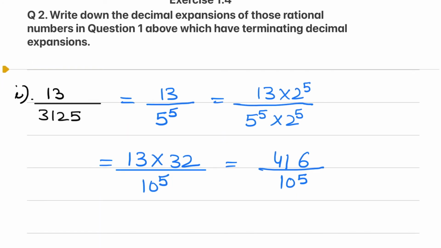So its decimal expansion would have 5 decimal places: 0.00416. So this is the decimal expansion of 13 by 3125.